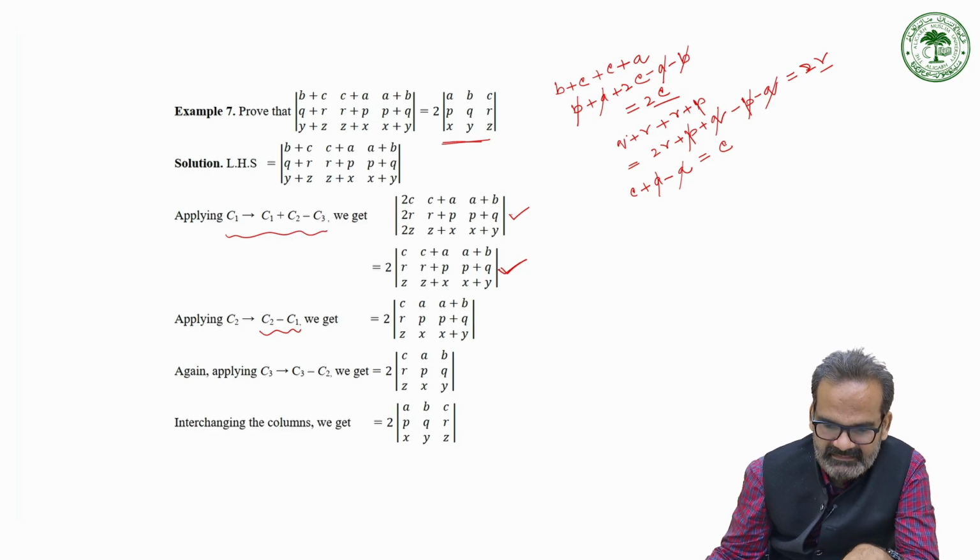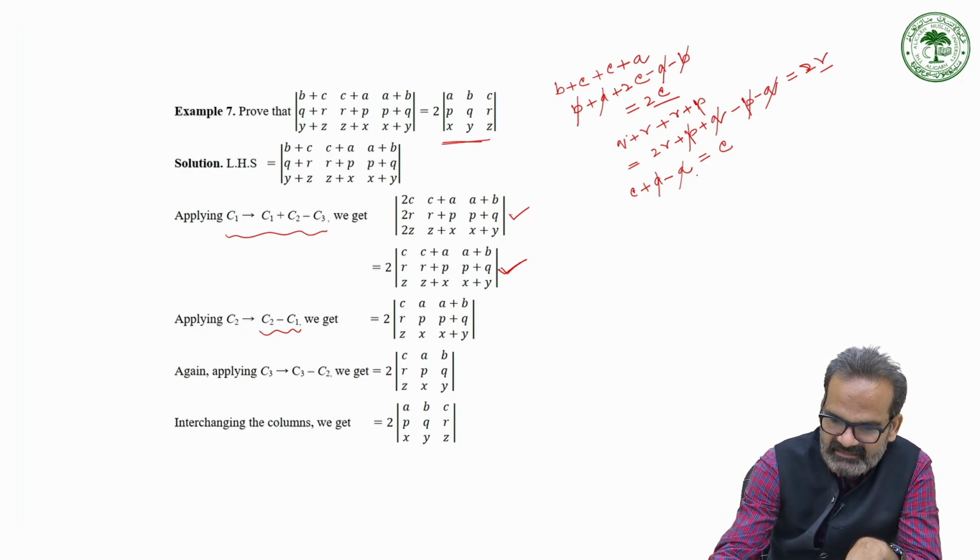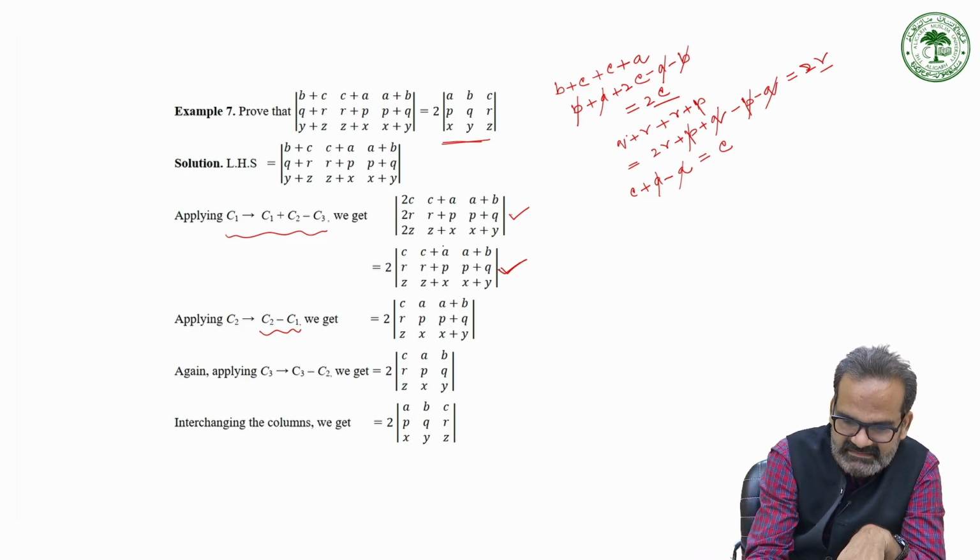Sorry, this is C2 minus C1. C2 is this. This is your C2 and this is your C1.